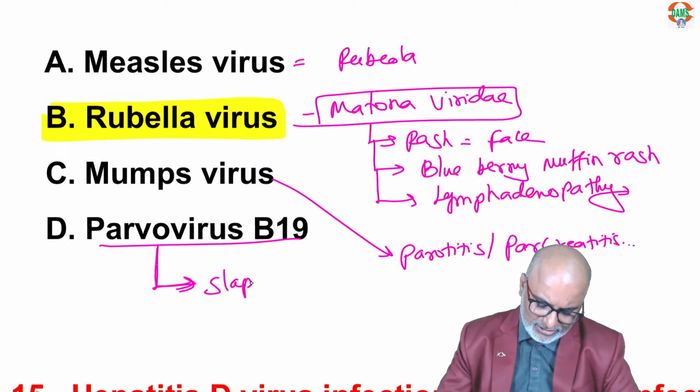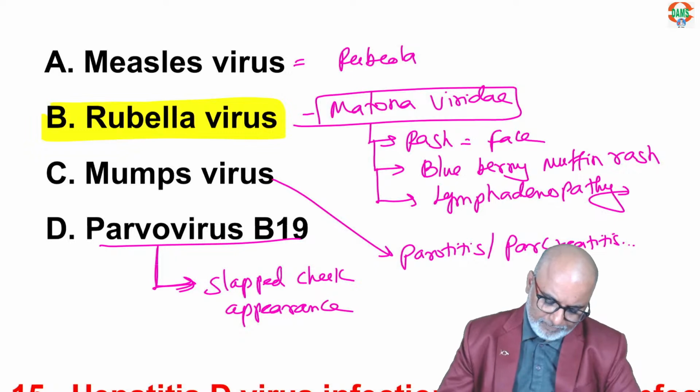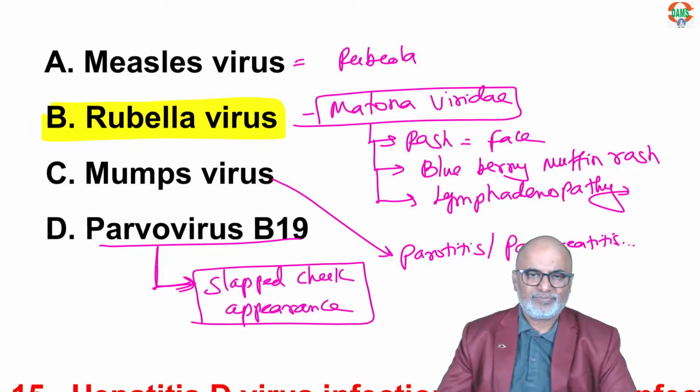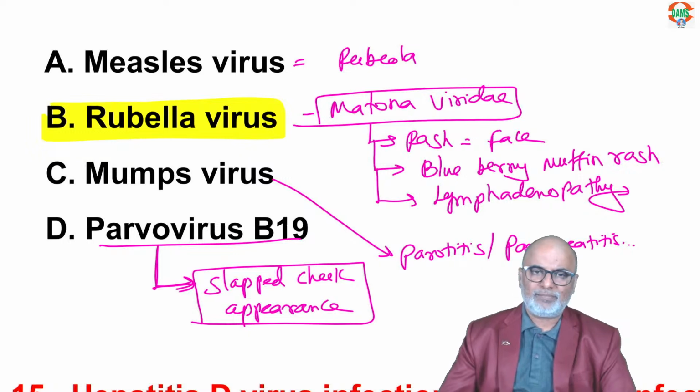The rash is a slapped cheek appearance. Blueberry muffin rash for rubella, or slapped cheek in parvovirus.